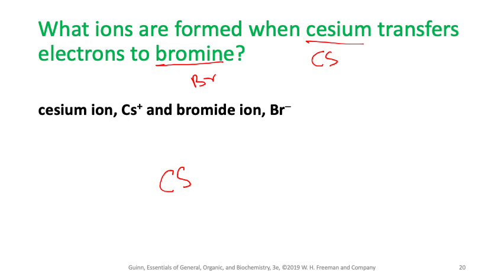So what should be the charge on cesium then? +1. Then bromine belongs to the 7th group and has 7 valence electrons. How many more electrons does it need to make 8? 1 extra. So somebody is going to give 1 extra electron to bromine, and after taking that electron, bromine will be -1.